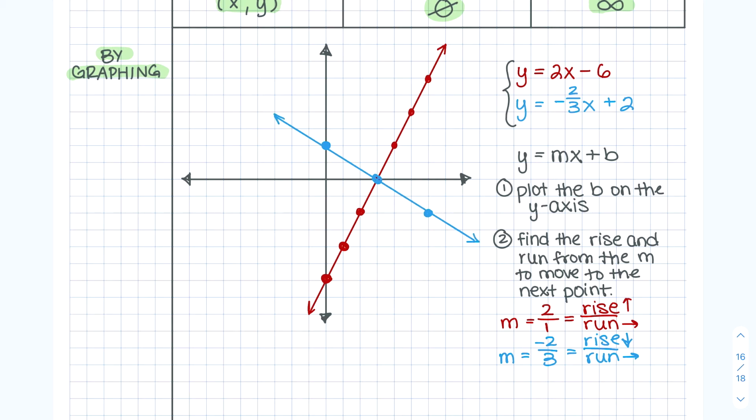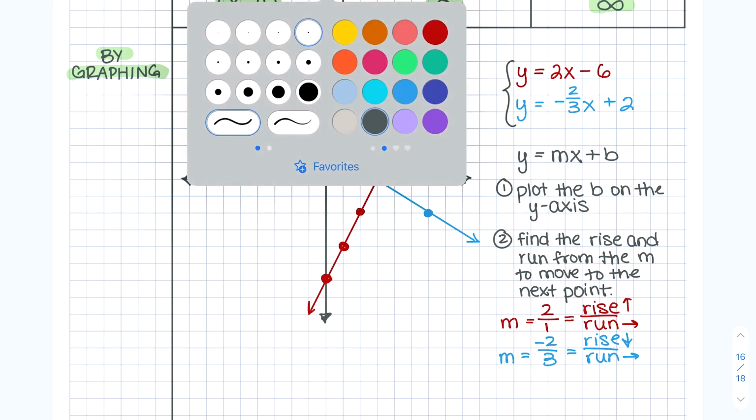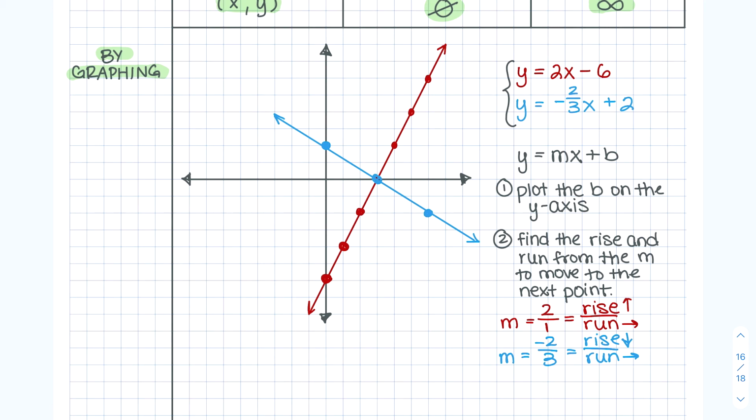Okay? So what's my solution then? What is the solution here? So my solution is where the two lines cross, which is right here. Okay? That is my solution. So I'm going to write solution, and this point is on the x-axis is at 3, and on the y-axis is at 0.